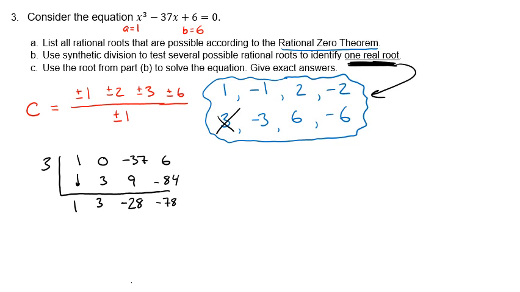Let me try -1, see if that works. 1, 0, -37, and 6. Bring down the 1. -1 times 1 is -1. Add down, we get -1. Negative times negative is a positive. Add down, -36. Multiply, add. -1 doesn't work.